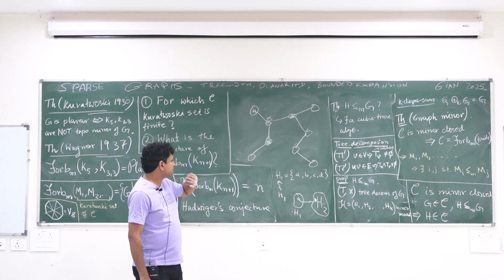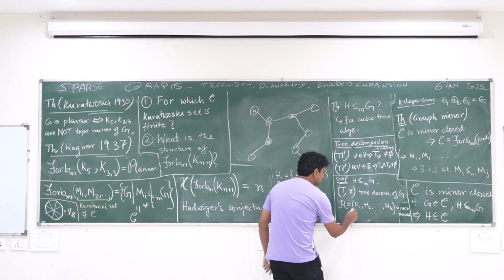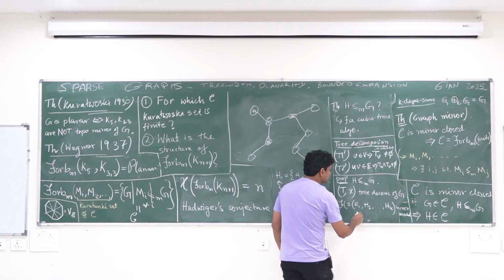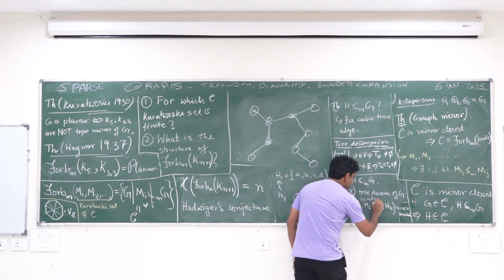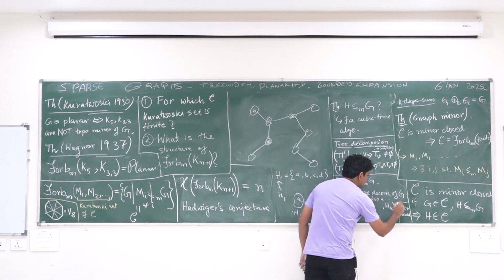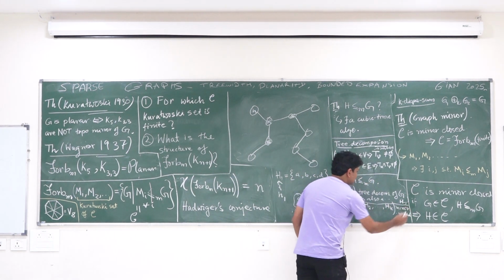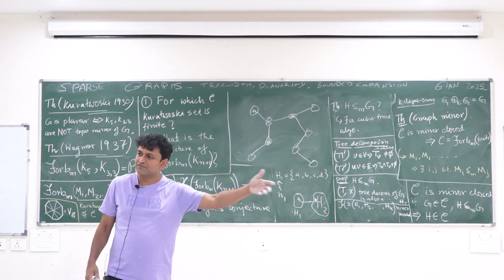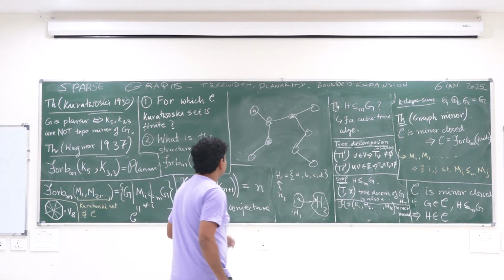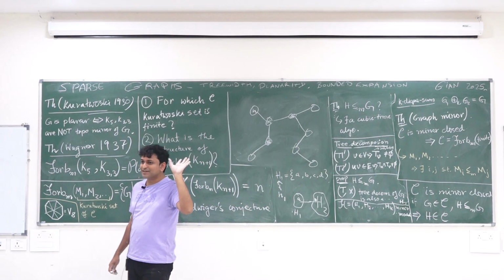So I can say that this tree decomposition of G is also a tree decomposition of H. That's the proposition. So the tree decomposition of G is also a tree decomposition of its minor. From here what I can say, and the size of the bags did not increase, it decreased.